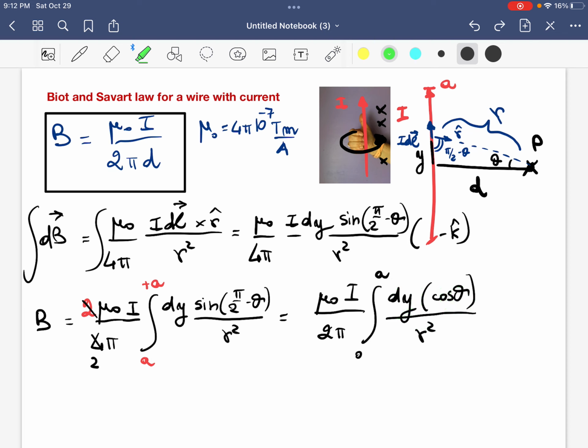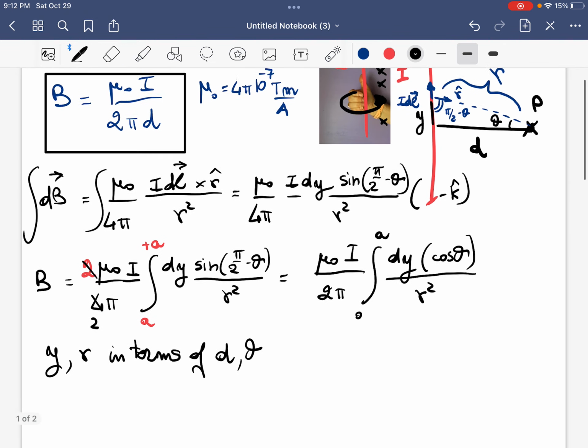I want to express y and also r in terms of x. Actually, I called it d, so in terms of d, the distance, and in terms of theta. D is like a given. Theta is variable. So at the end I want to integrate in terms of theta only.